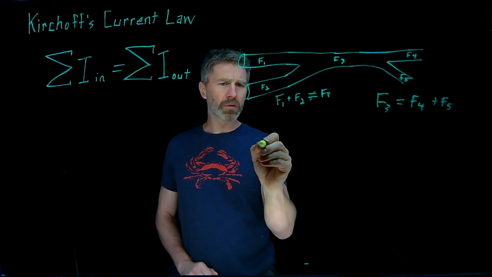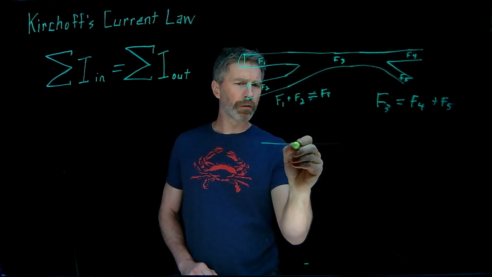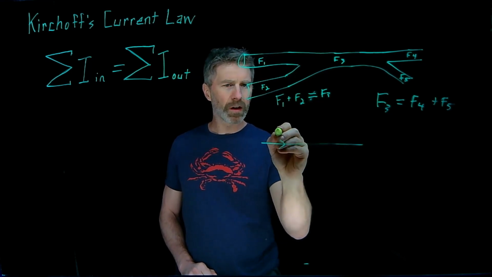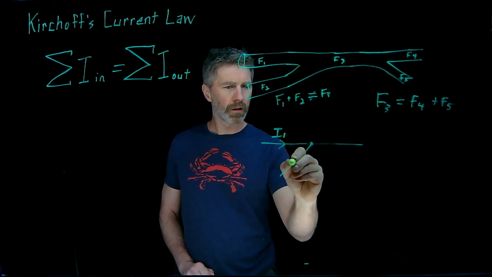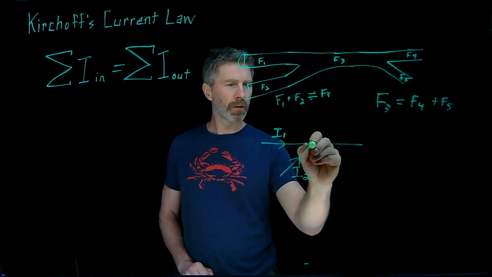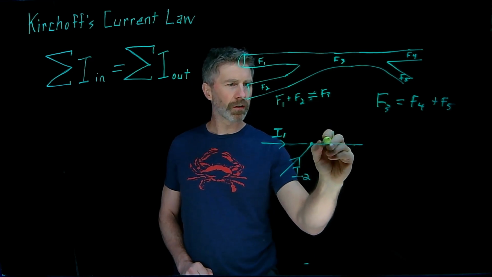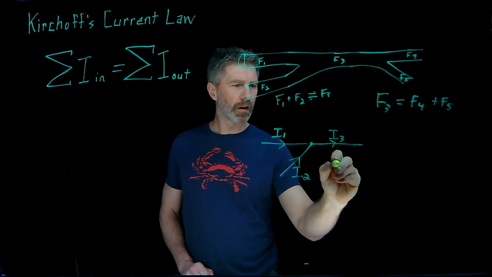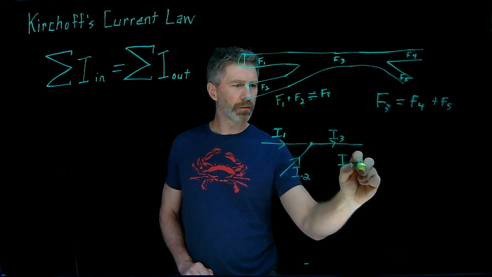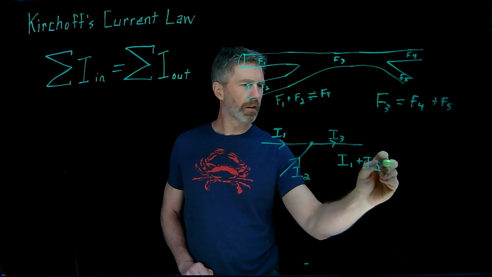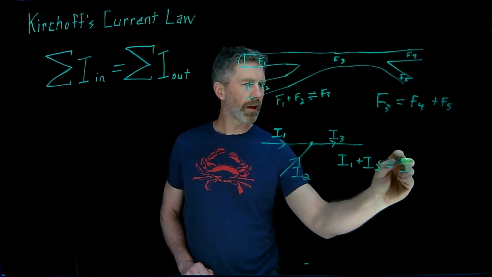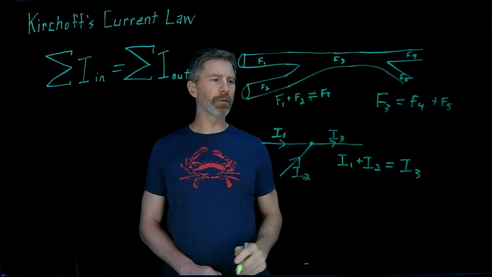If we're dealing with just wires with current flowing through them, if we have current 1 in this wire, and current 2 in this wire, and in this wire here, let's call this current 3, I1 plus I2, which are the currents going into this node here, has to be equal to the current going out, I3.